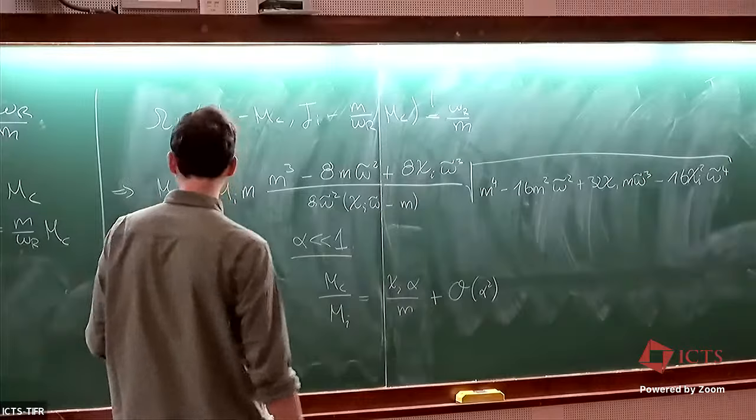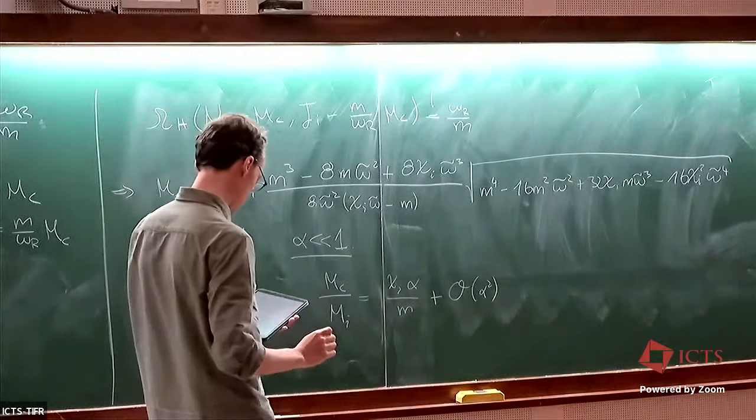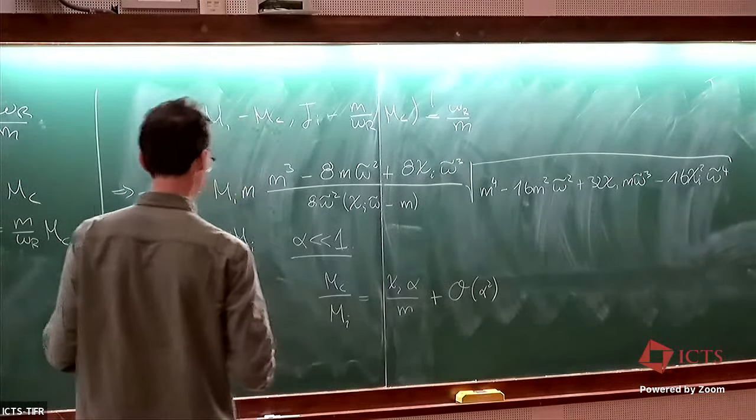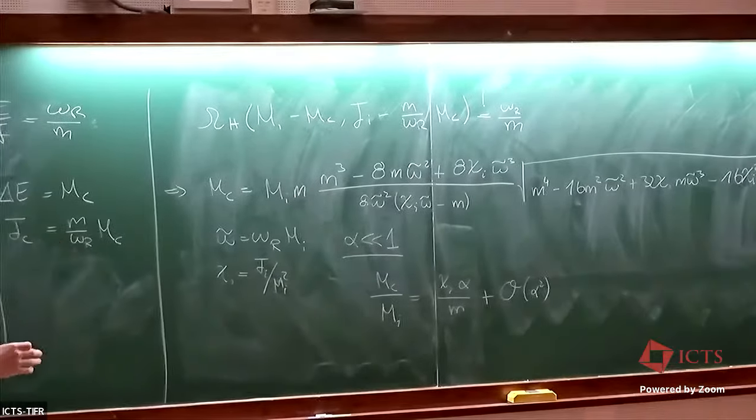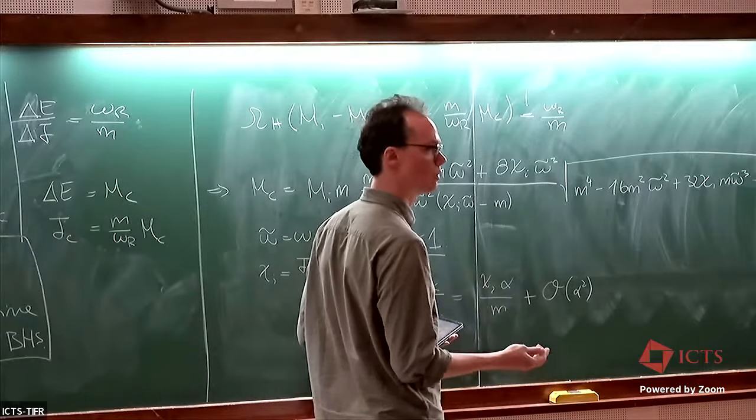And equivalently, using this formula, we can also get the angular momentum in the cloud, or conversely, it will be more interesting to see what the final spin of the black hole is.